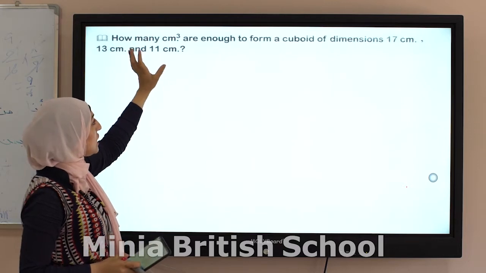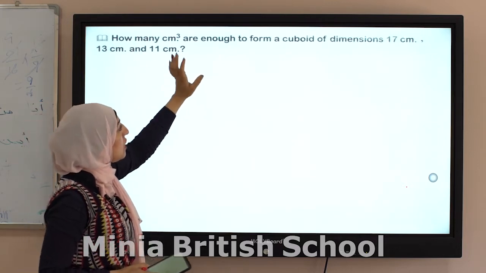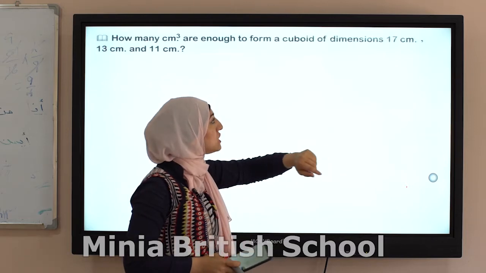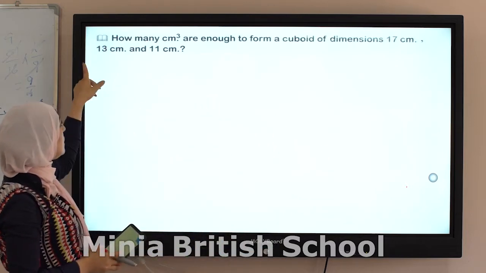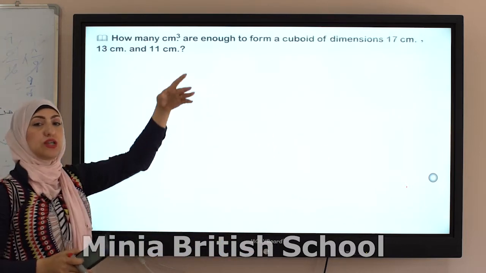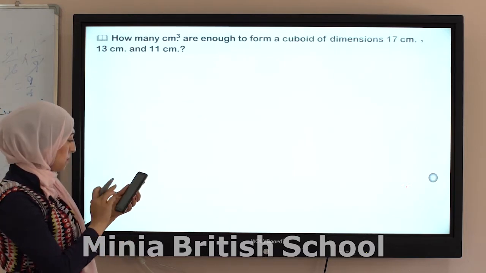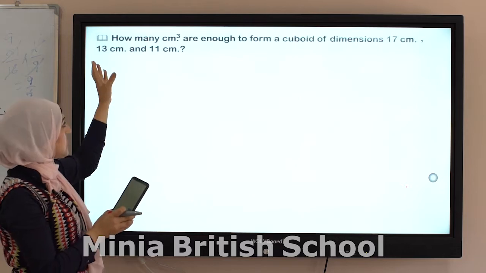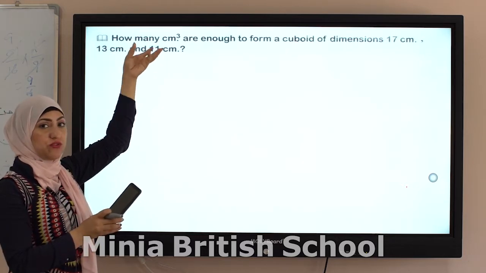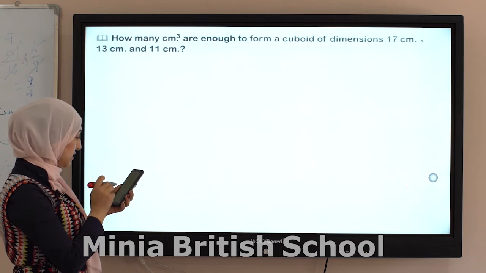So he wants me to calculate the volume of the cuboid of dimensions 17 centimeters, 13 centimeters, and 11 centimeters: length, width, and height. This is a way to ask about the volume, so pay attention to it.